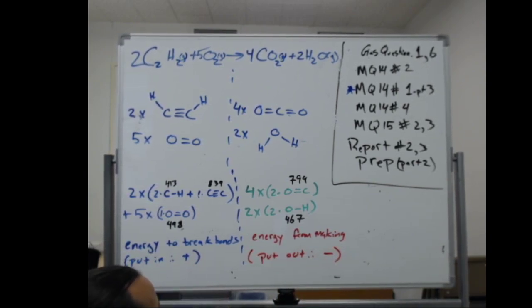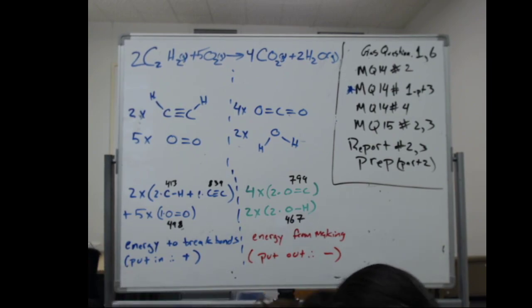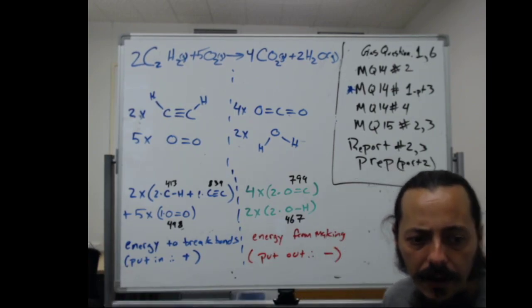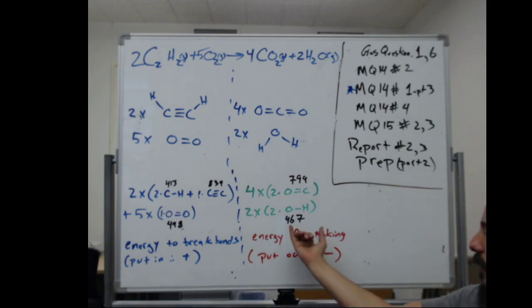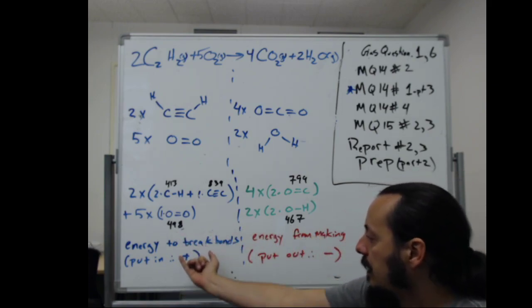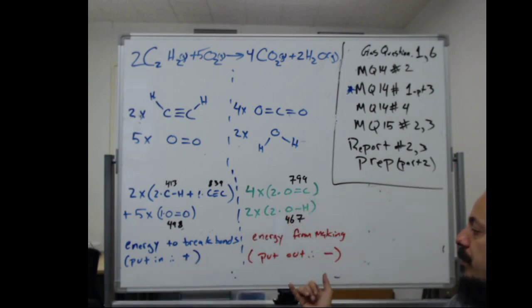Right? And this is going to be energy that ends up getting released. And I'm really careful, especially in this class, about thinking about it in terms of energy put in to break bonds and energy put out from making bonds.